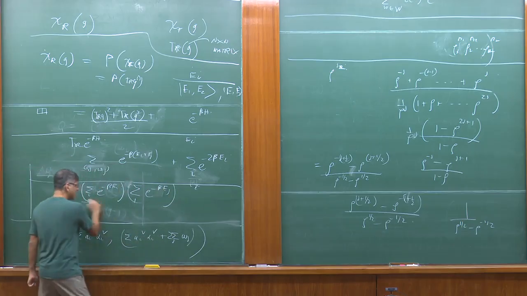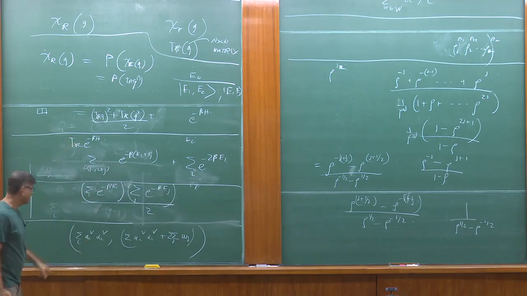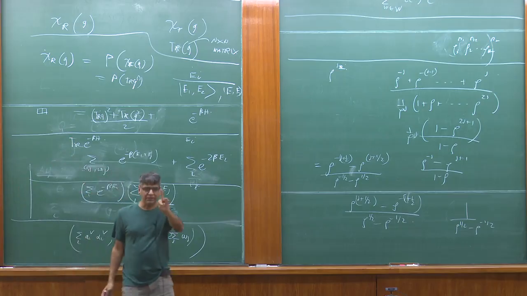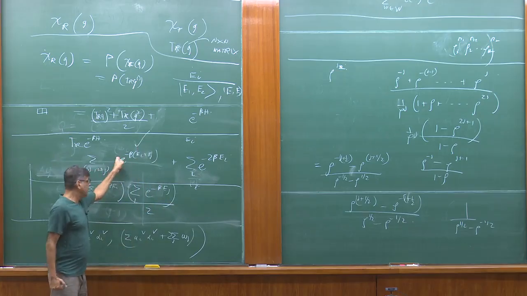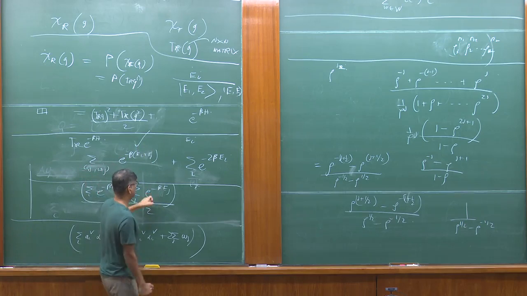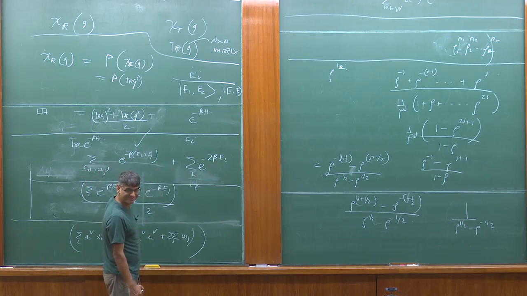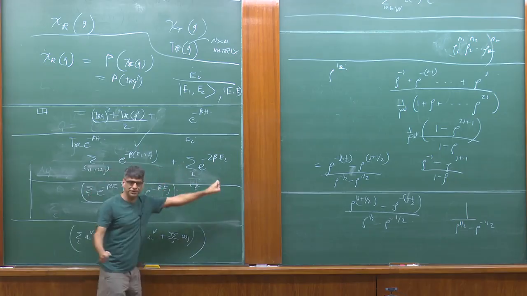If I take this and I divide by 2, as I've done in that putative formula, then what do I get? Every term where i was not equal to j appeared twice, so the division correctly produces this. But every term where i equals j, you get this e to the power minus 2 beta Ei, but with an extra half. So this thing is equal to this plus half this. Do you see that?